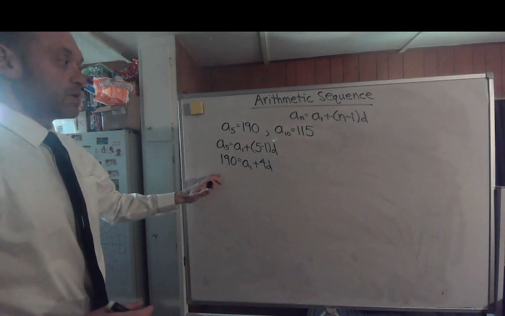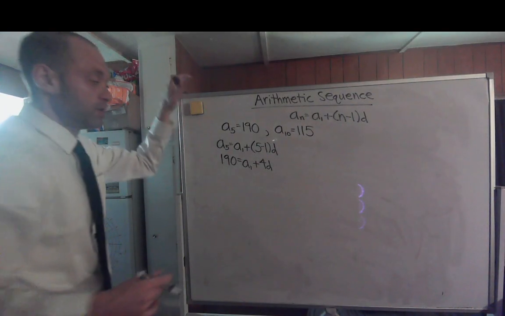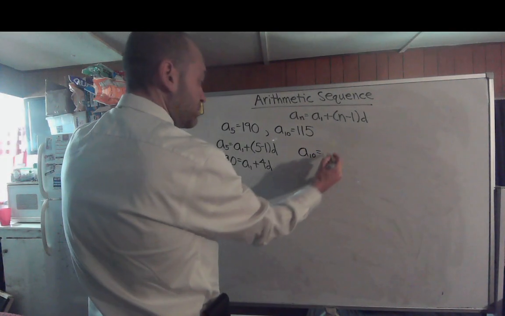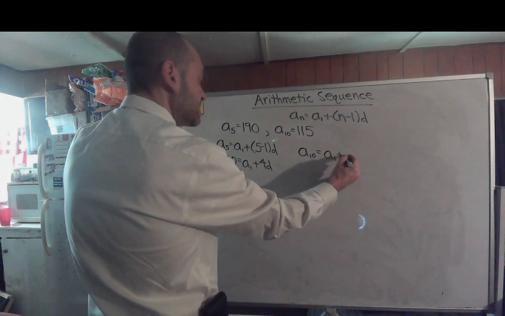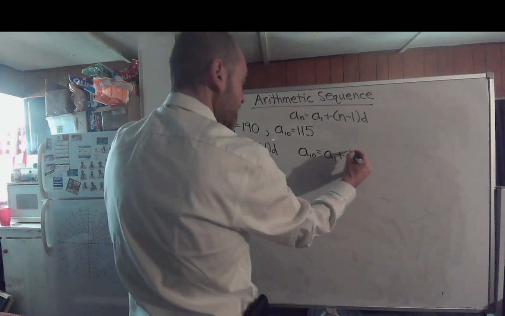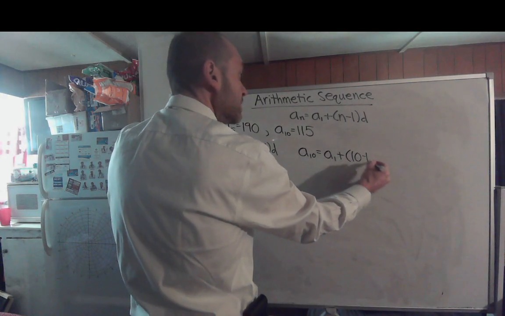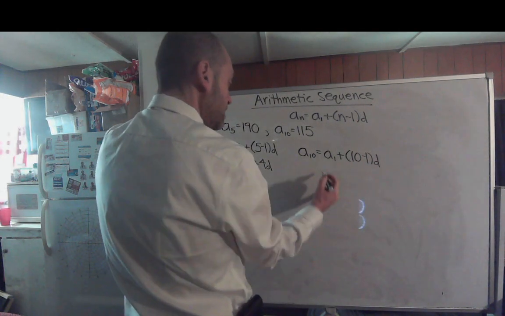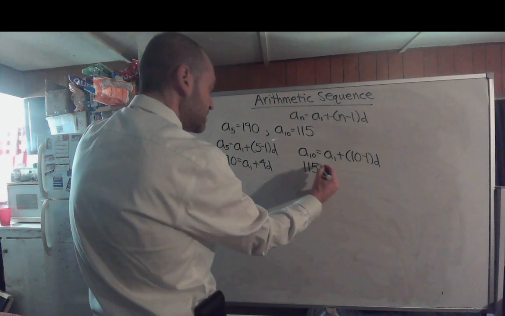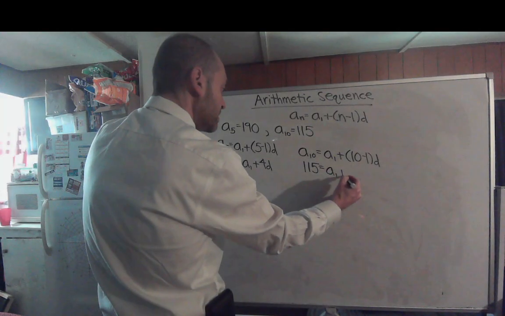Alright, now let's go ahead and deal with our 10th term. So a sub 10 equals a sub 1 plus, we said that we're dealing with the 10th term, so we'll put in 10 for n. That would be 10 minus 1 times d. Well, a sub 10 is 115. That's going to equal a sub 1 plus 9d.